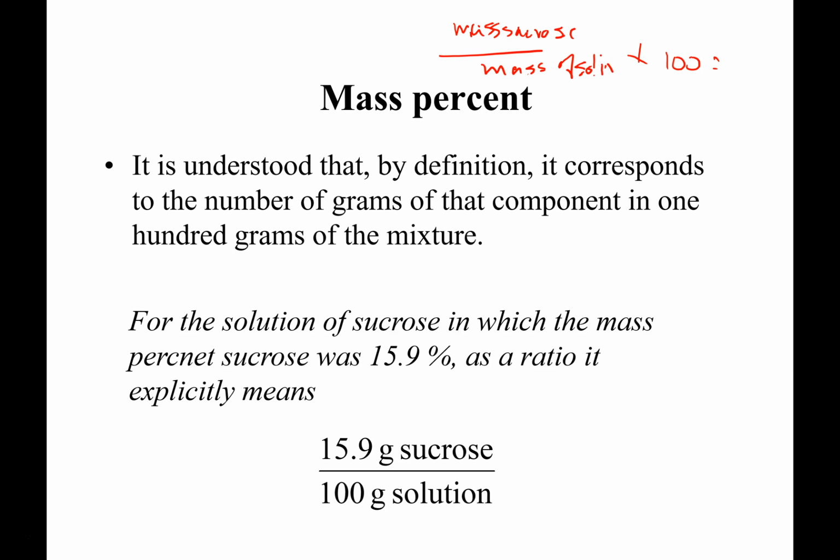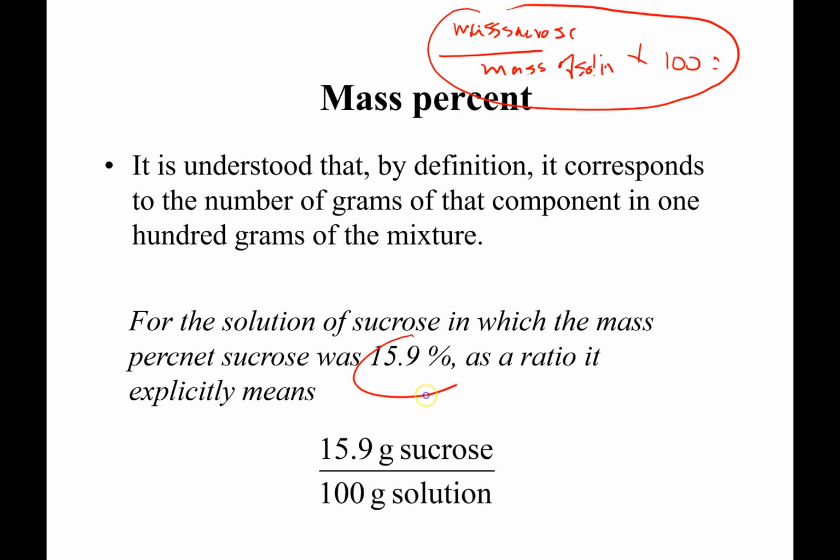Now if I was a student, and my teacher said, for this sugar solution, give me mass fraction and mass percent, once I have mass fraction, how would I get mass percent? I would rewrite this just for kicks.